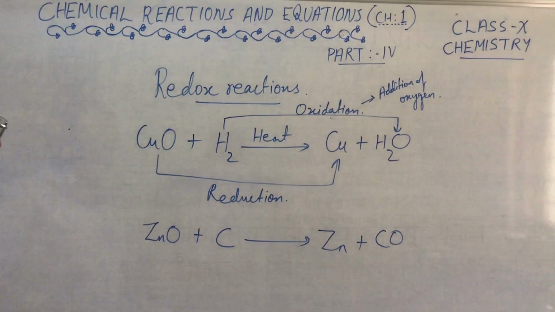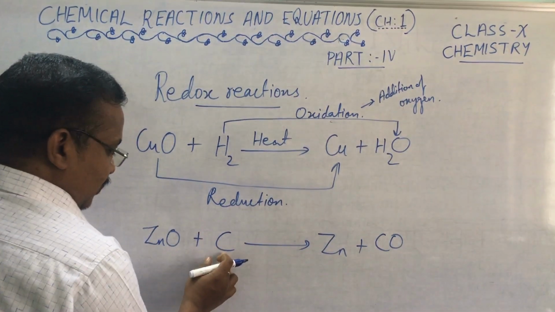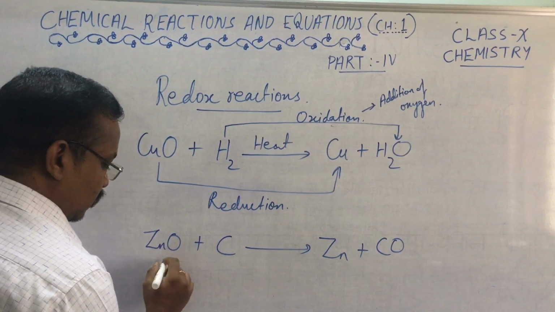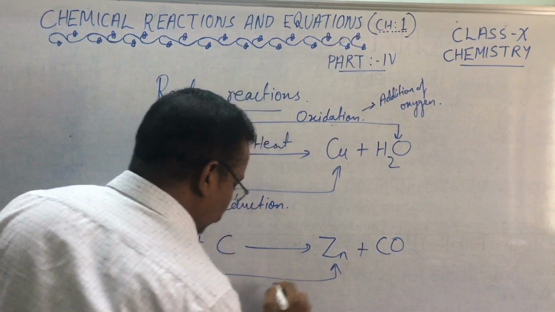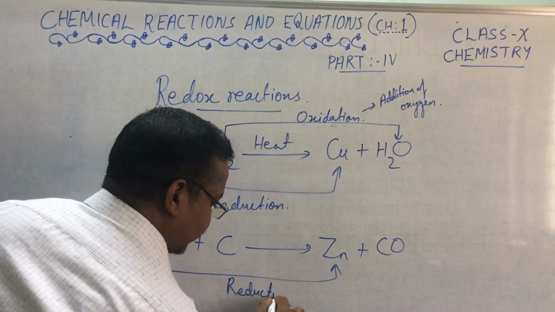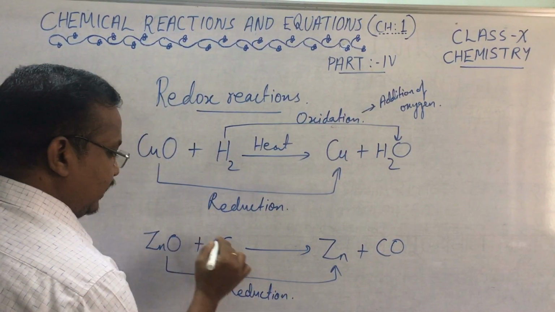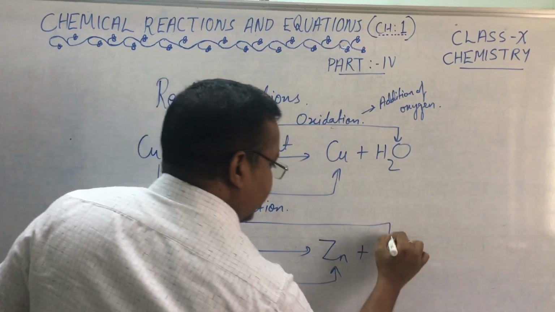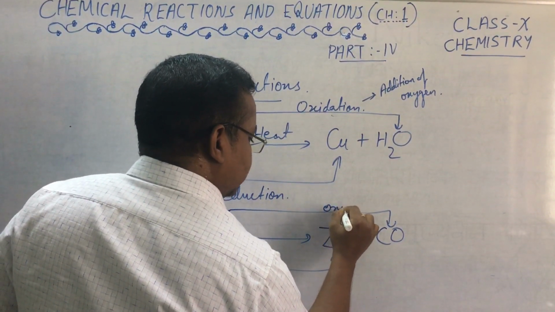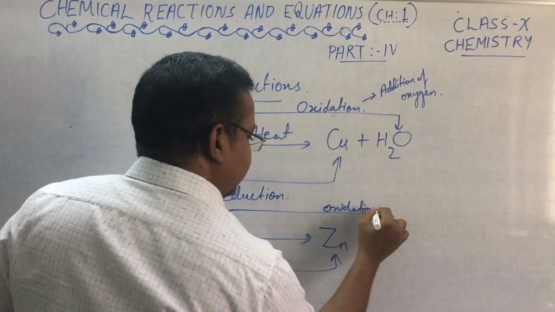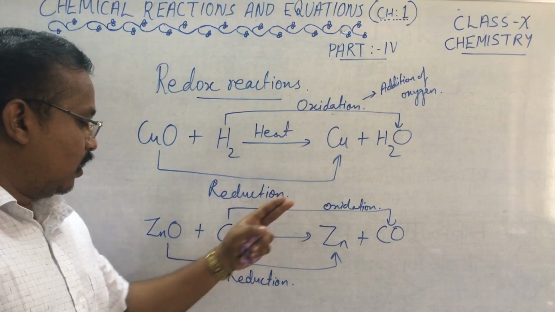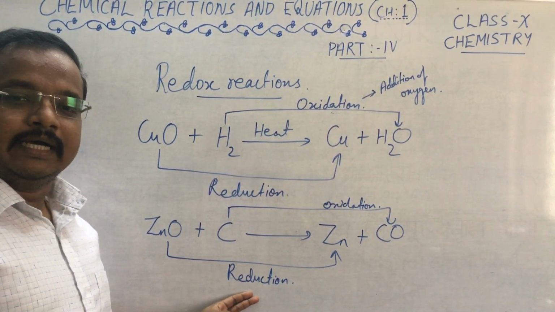Here, oxygen is added to the carbon, or from ZnO oxygen is removed. Removal of oxygen we have discussed as reduction, and on adding oxygen to carbon it forms carbon monoxide, that is our oxidation. Is it clear to you?